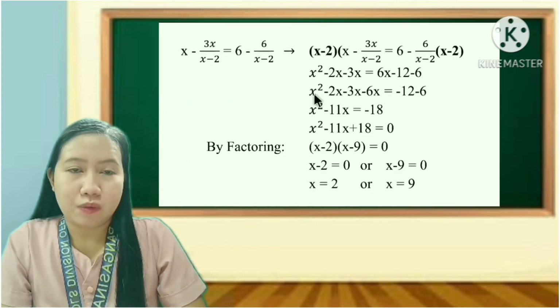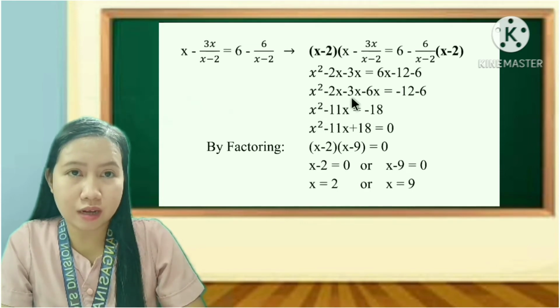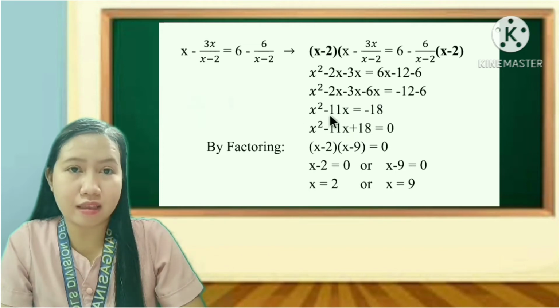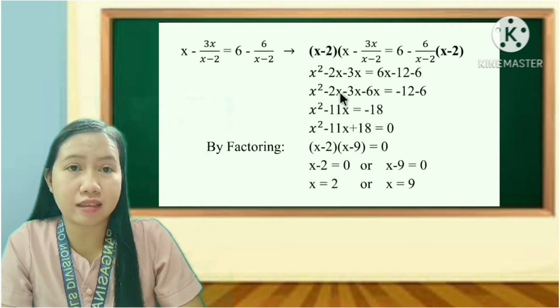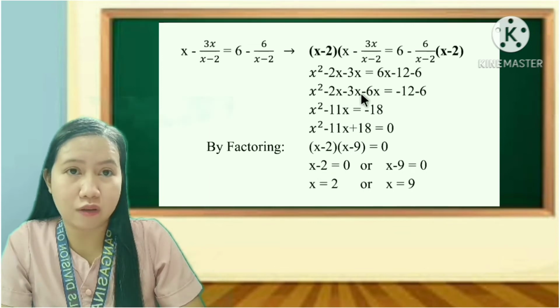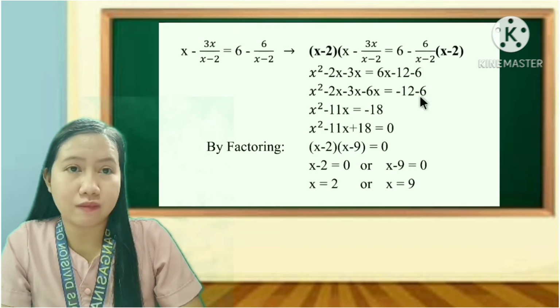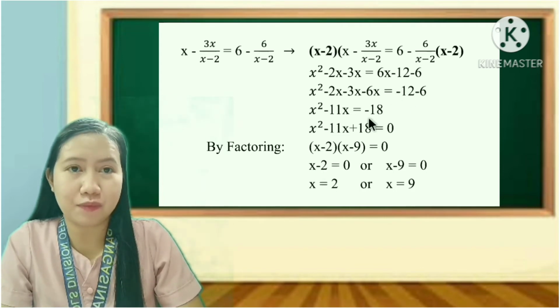Okay, so let's solve. X squared, minus 2x minus 3x minus 6x, and that is negative 11x. As you can see, they are all like signs, so we just have to add and get the sign of the three. And the other one, we have negative 12 minus 6. Again, this is like signs. So we're going to add 12 and 6, and that is 18, and get the sign which is negative.